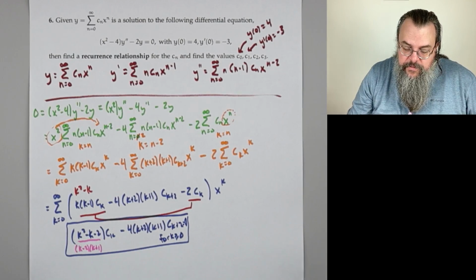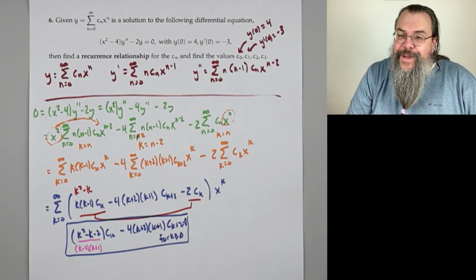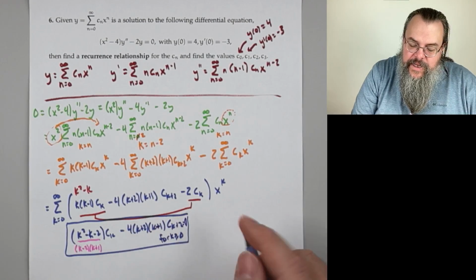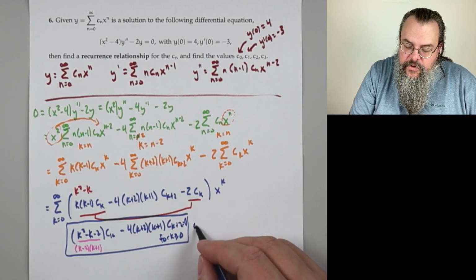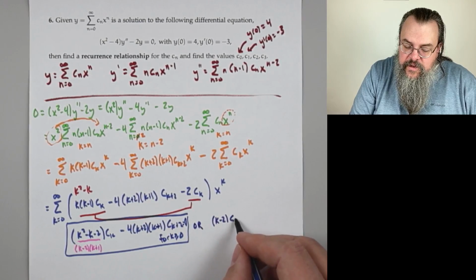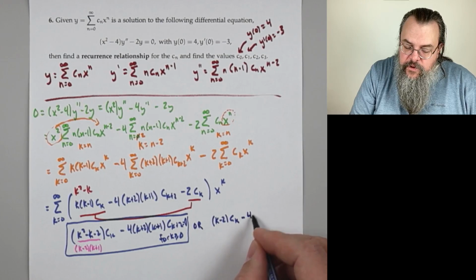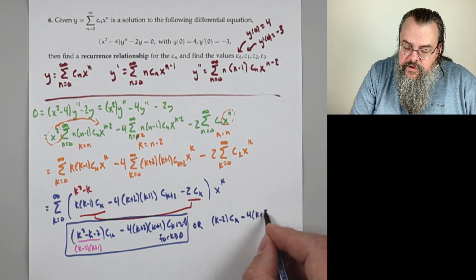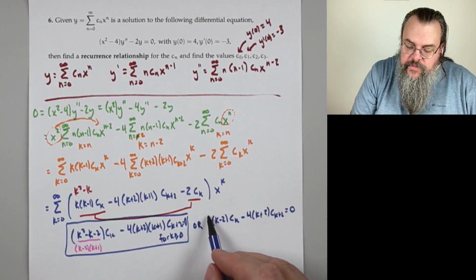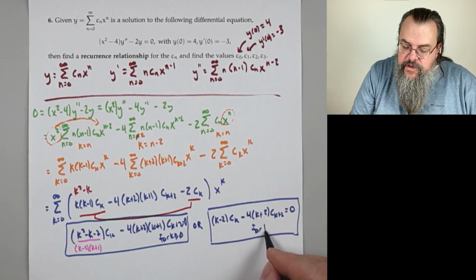So you could, for example, divide out by k plus 1 and get the following: (k minus 2) c sub k, then minus 4(k plus 2) c sub k plus 2 is equal to 0. So that's another way you could do it.